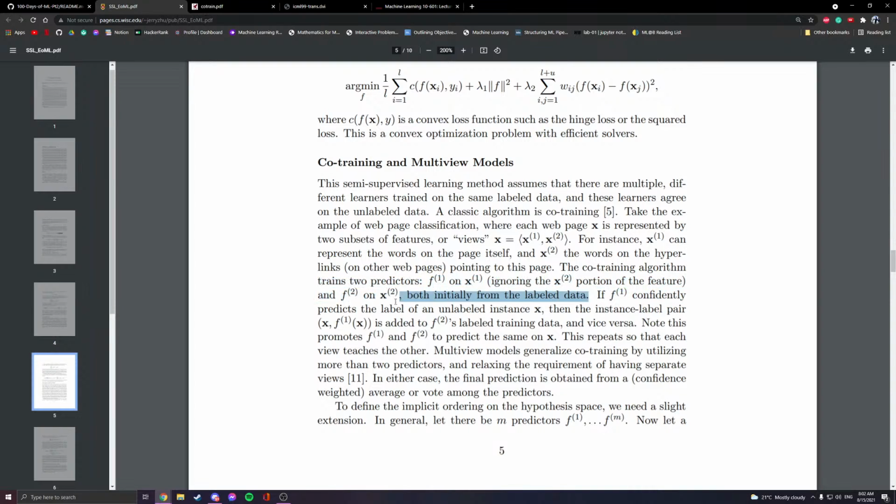If f1 confidently predicts the label of an unlabeled instance x, then the instance-label pair x, f1(x1) is added to f2's labeled training data, and vice versa.